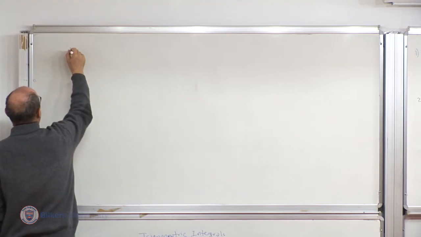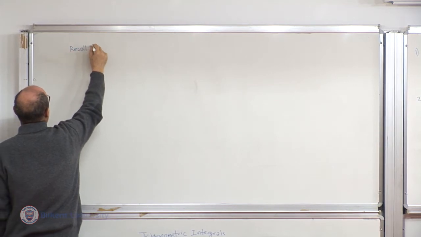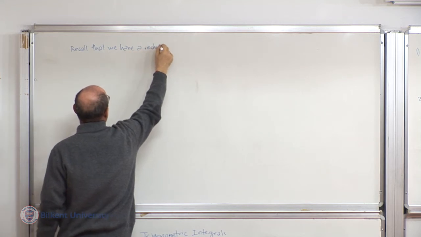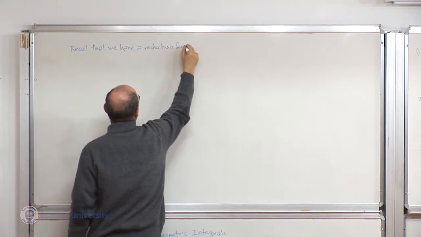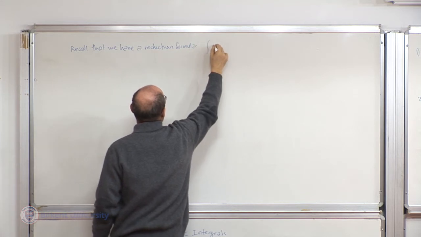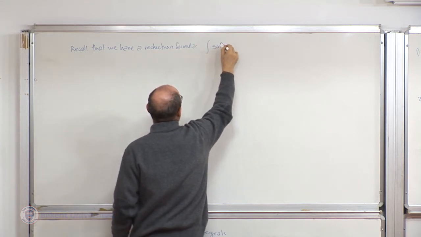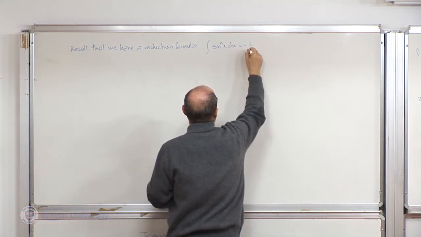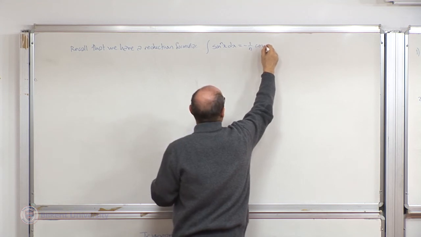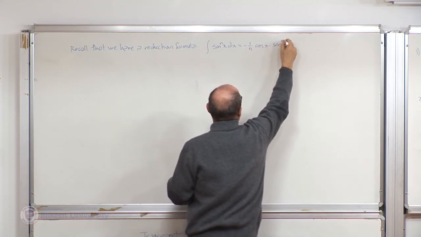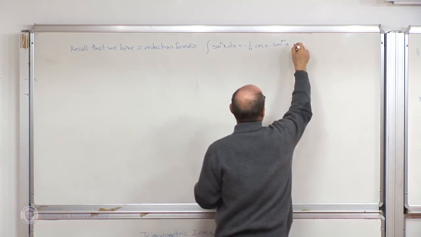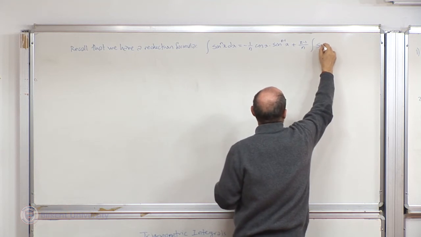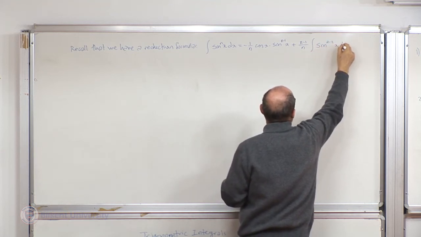Recall that we have a reduction formula: the integral of sine to the power n x dx is equal to minus 1 over n cosine x times sine to the n minus 1 x, plus n minus 1 over n times the integral of sine to the n minus 2 x dx.